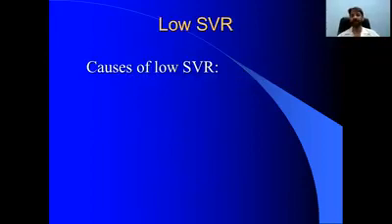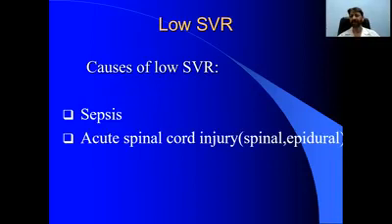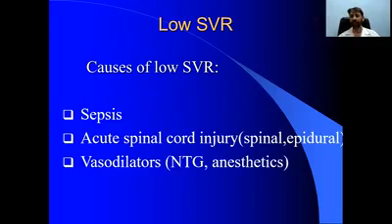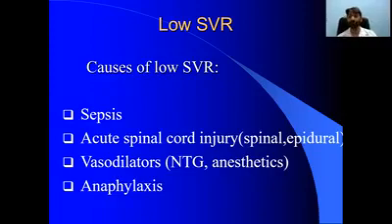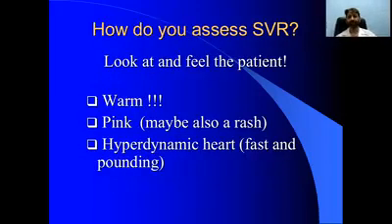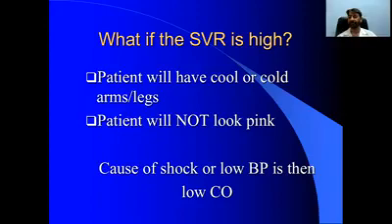Commonly these are sepsis, spinal cord injury, vasodilatation, anesthesia, anaphylaxis, which you have to look for in your patient. How to assess clinically: is your patient warm, pink, with a hyperdynamic heart? If systemic vascular resistance is high, your patient will have cold and clammy skin. That's an indirect hint towards it.